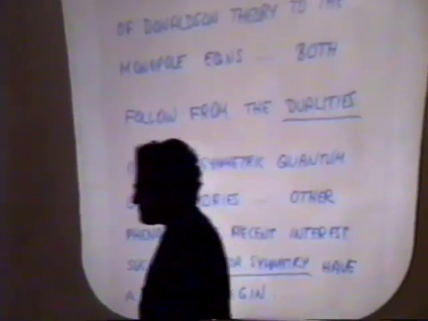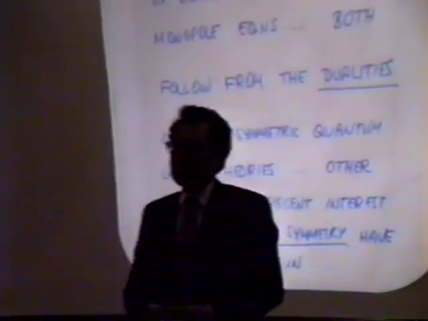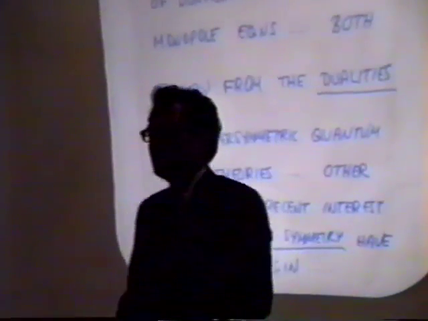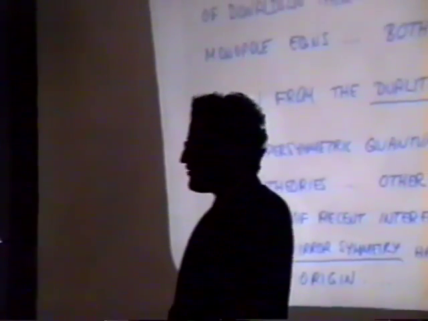I can't really explain this now, but even though, as bits of classical mathematics, the modularity of the generating function and the equivalence of Donaldson theory to the monopole equations may sound like totally different stories, they in fact have a common origin in these duality symmetries of non-abelian quantum field theories.